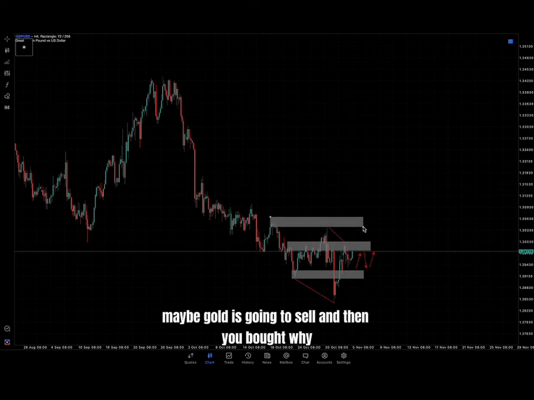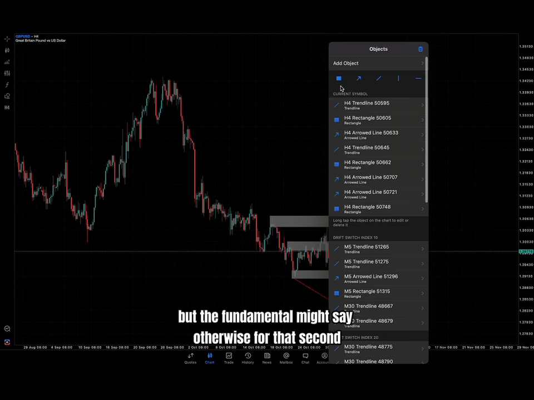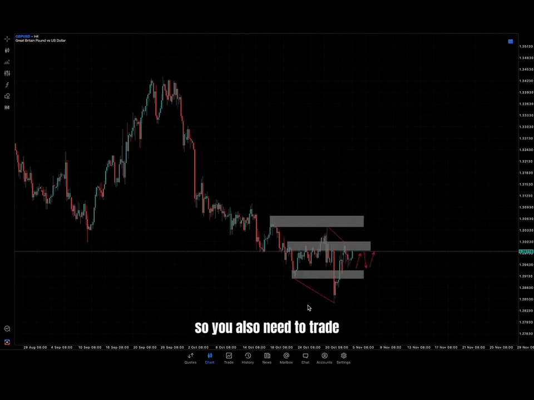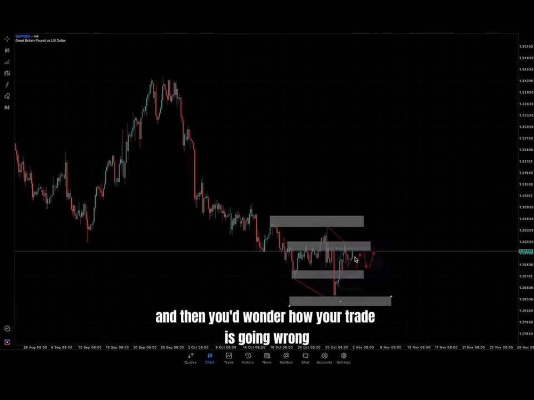Your setup is correct, but the fundamental might say otherwise for that second. So you also need to take heed of the trading time. If it's news time, you need to take heed, because you might trade and then an NFP might go the opposite direction of your trade, and then you'd wonder how your trade is going wrong.